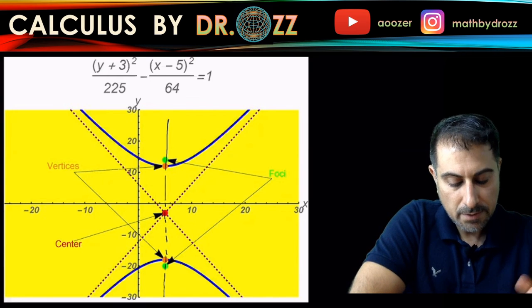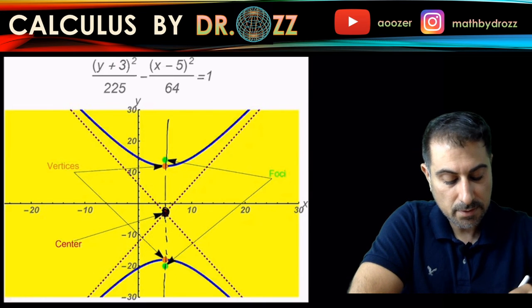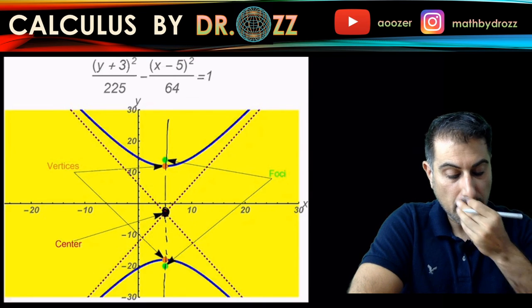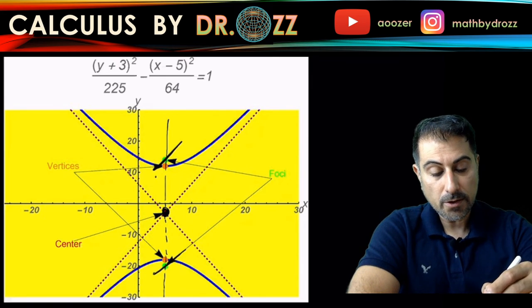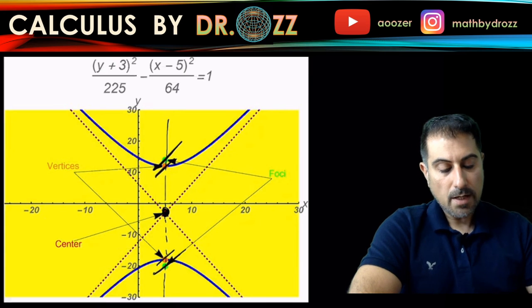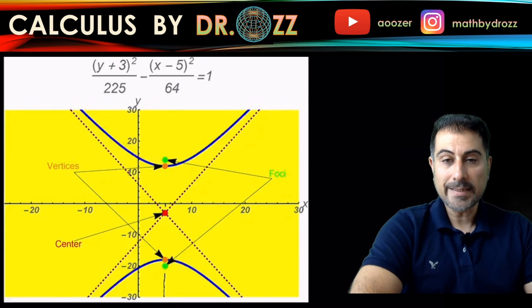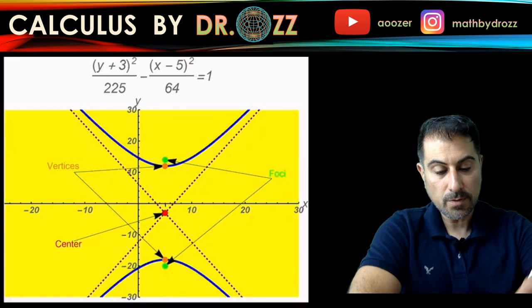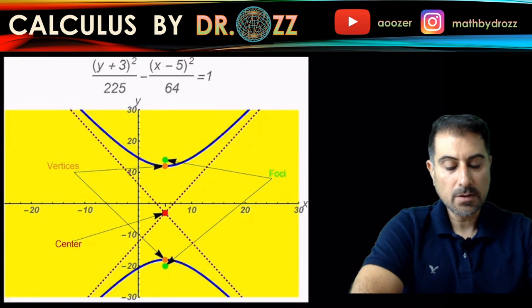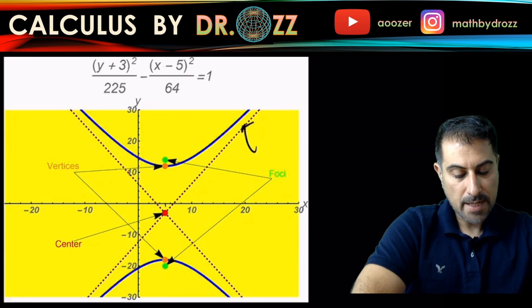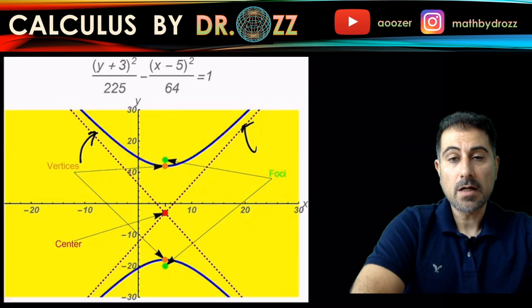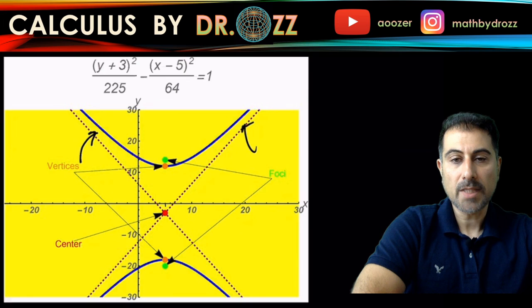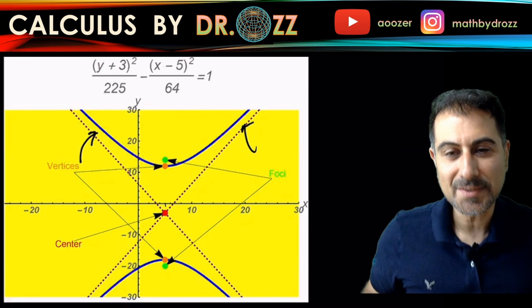The green and red dots: greens are the foci, and the red ones are the vertices, and they are very close to each other. You also have the asymptotes, which are the dashed lines here. One is this one, and the other one is this one. As you see, both branches of the hyperbola go to infinity along the asymptotes. And obviously these asymptotes intersect at the center.